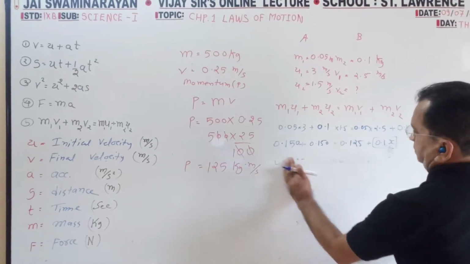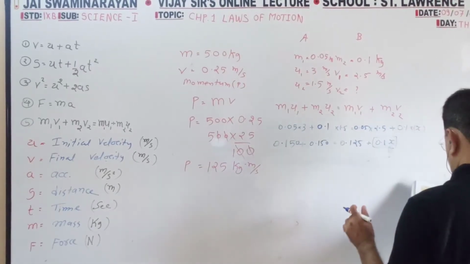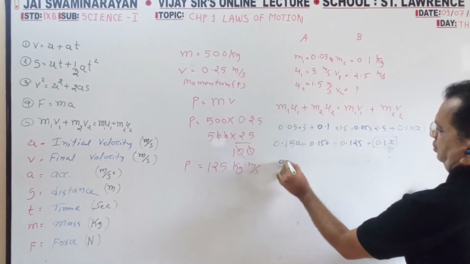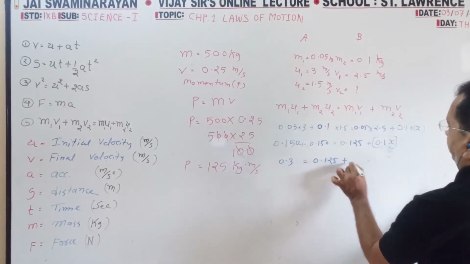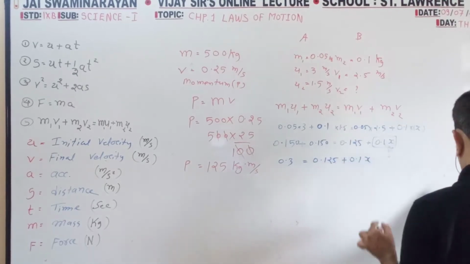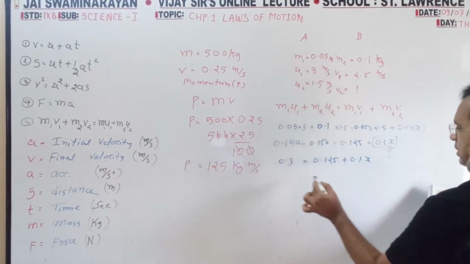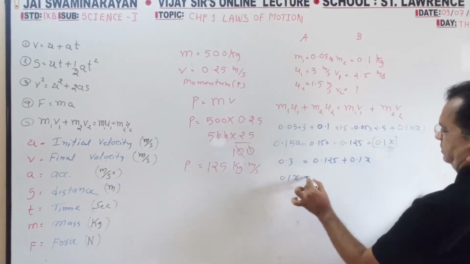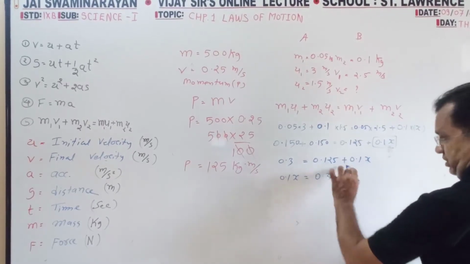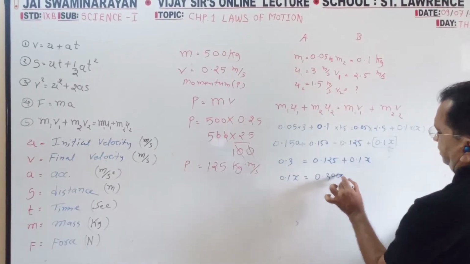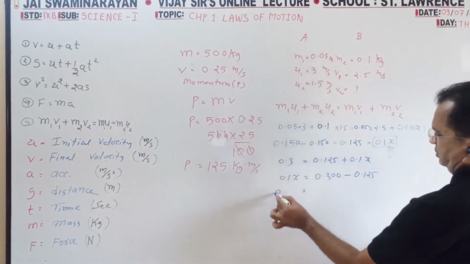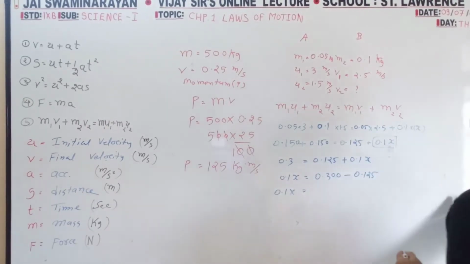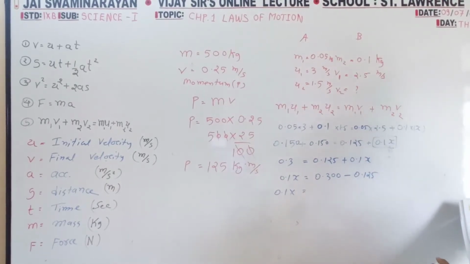So this will be 0.3, 0.125 plus 0.1 x. Now 0.1 x is equal to 0.3 minus 0.125, you can write 300 minus 125 is 175.